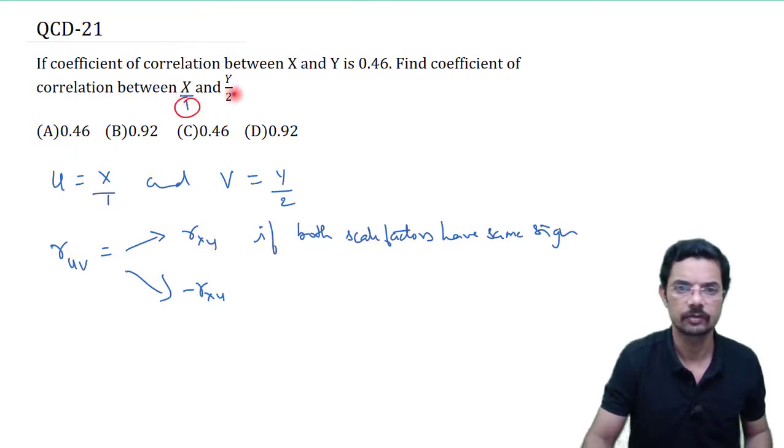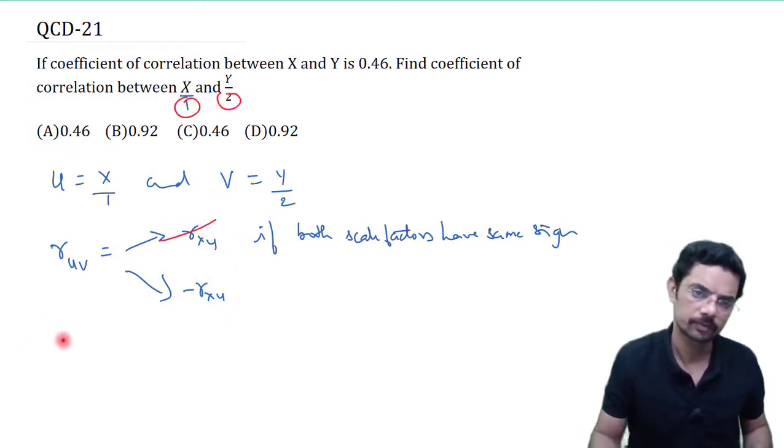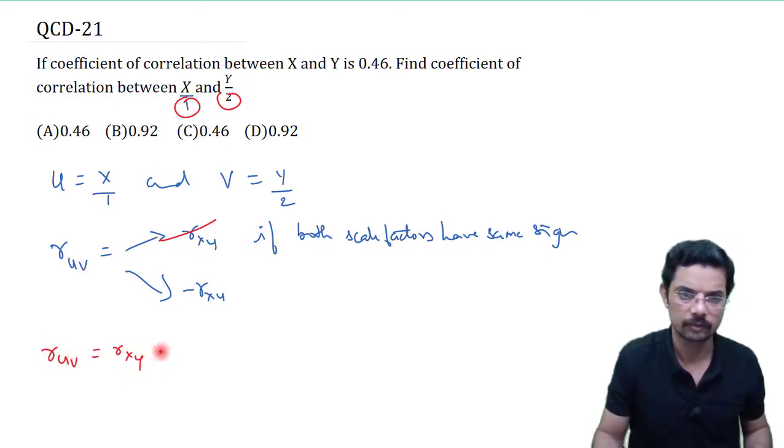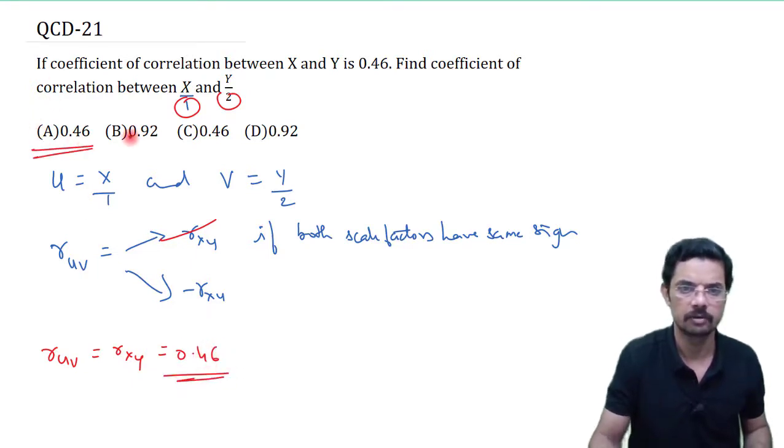Here it is 1, 1, both positive, so therefore r of uv will be equal to r of xy, which is equal to 0.46. So 0.46, option A, will be your correct answer.